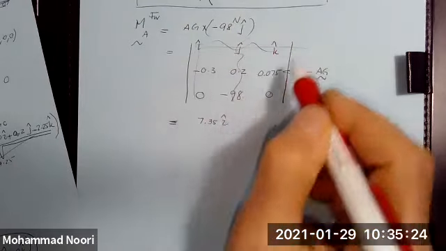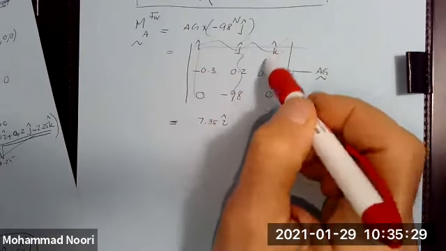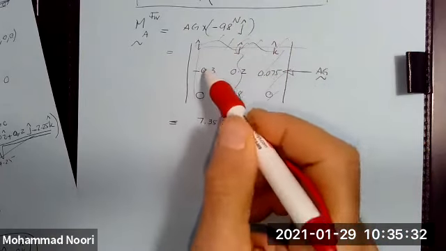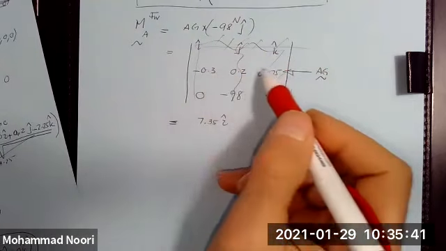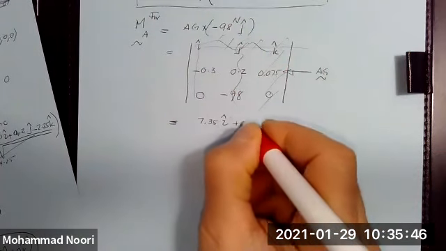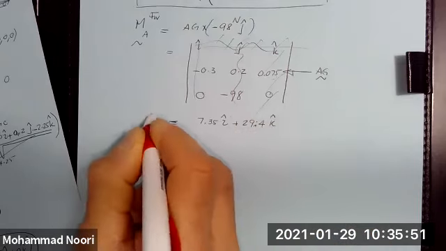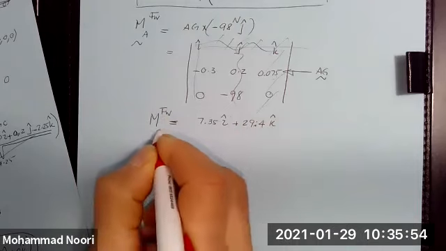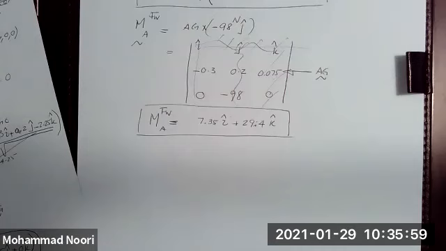For J, I have 0 minus 0, right? For K, I have 0.3 times 98, that is 29.4, and that would be positive. So that is 29.4 K. So this is the moment of that weight about A. So this is the second moment equation, right?